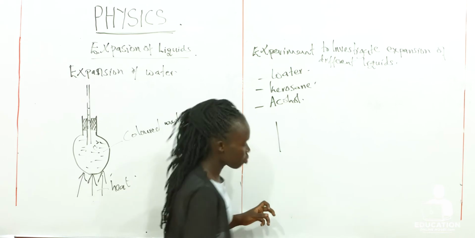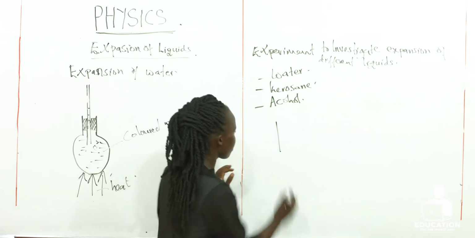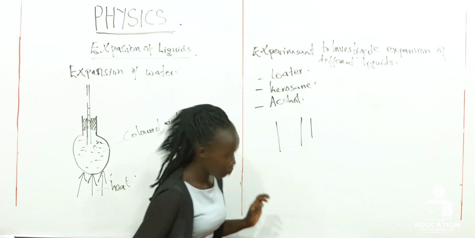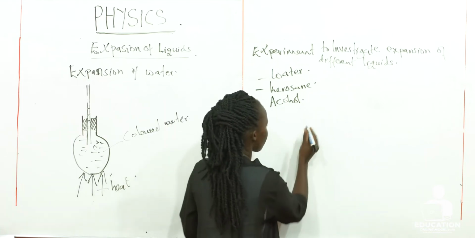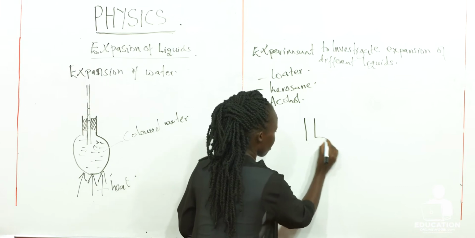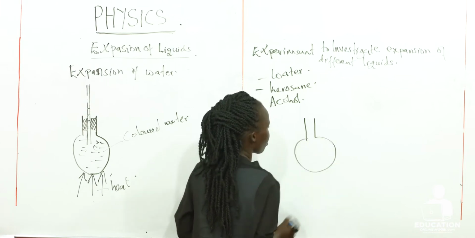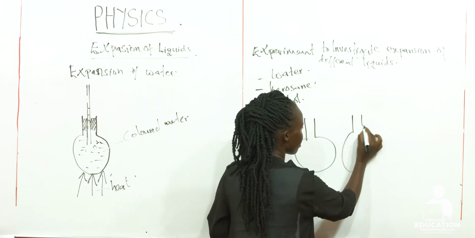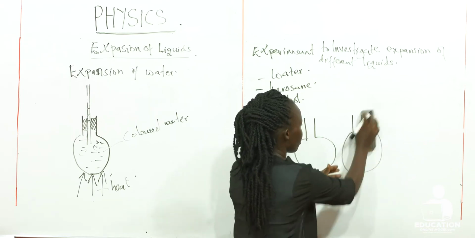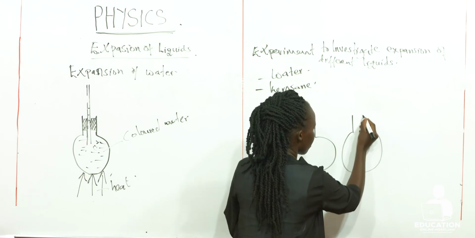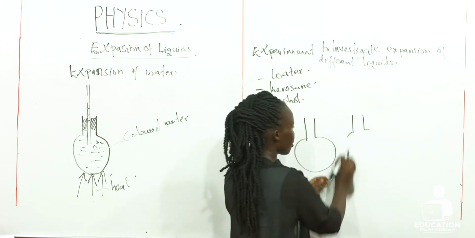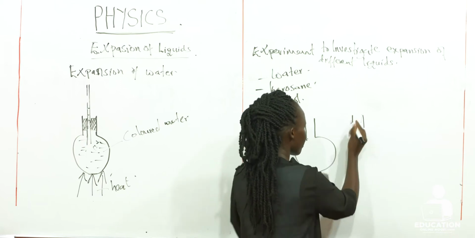Let us have a small drawing here. Assuming this is our first flask there. So we also have the second one. And the third. They're not looking the same, but make sure they're actually the same.